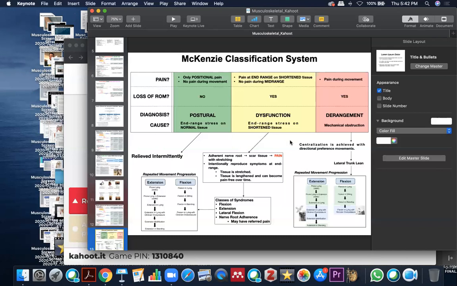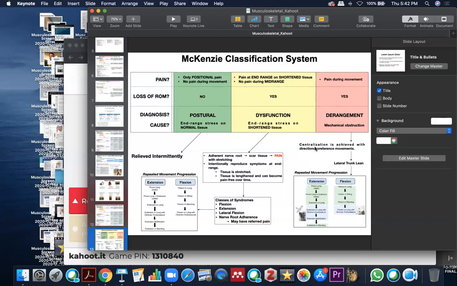And so with derangement in particular, you've got the damaged disc, and the disc might be compressing a nerve root, so you might have pain in both the low back and the upper leg. Your goal with those repeated movement progressions is to get that centralization.